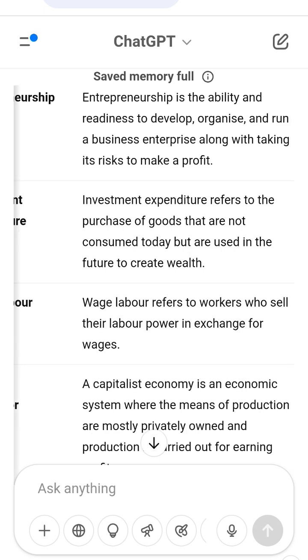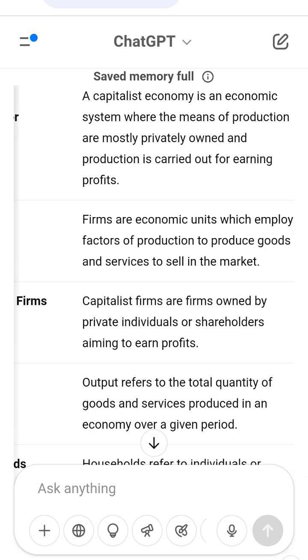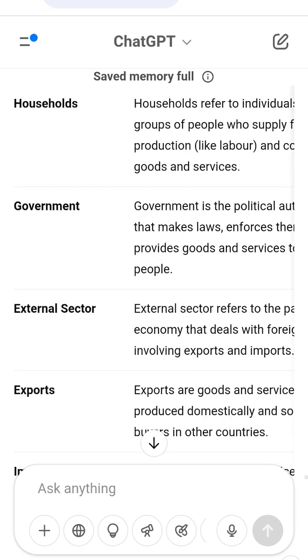External sector refers to the part of the economy that deals with foreign trade involving exports and imports. Exports are goods and services produced domestically and sold to buyers in other countries. Imports are goods and services purchased from other countries to be used domestically.